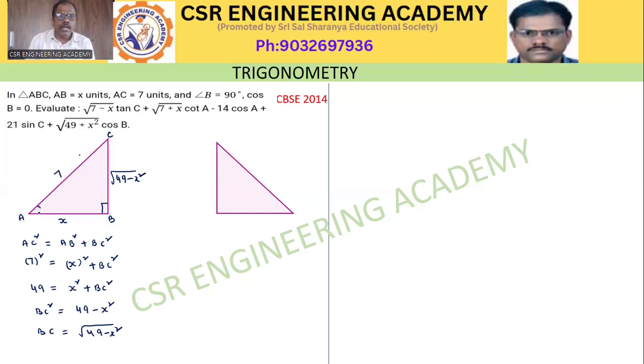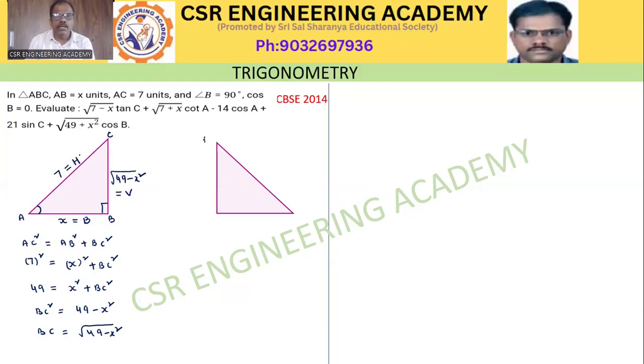Here, for angle A, AB is equal to x is the base, BC is equal to root of 49 minus x square is the vertical side, AC is equal to 7 is the hypotenuse.